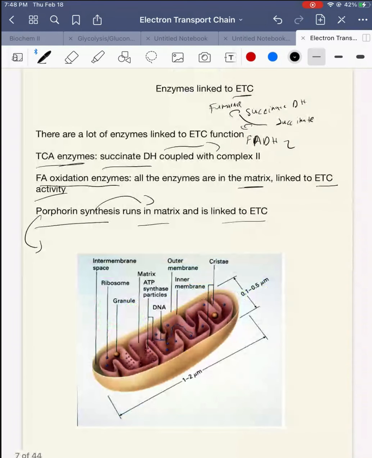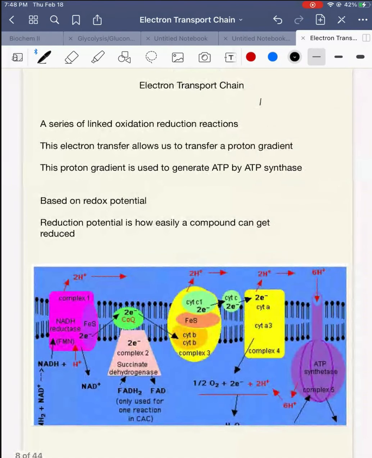We make a bunch of NADH and FADH2 from running glycolysis, from running TCA, and from some of the shuttles that we run, the malate aspartate shuttle and the glycerol 3-phosphate shuttle. The reduced carriers carry electrons.